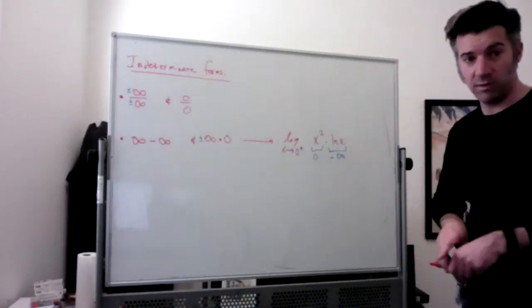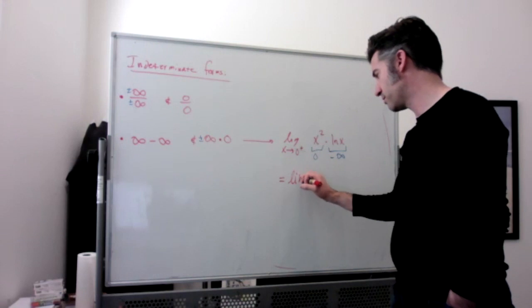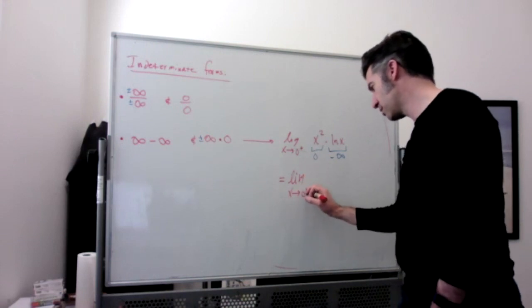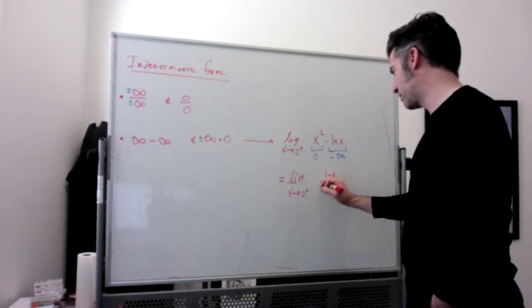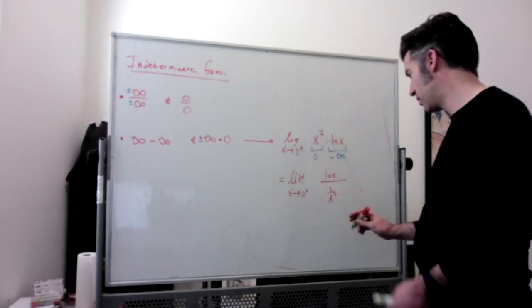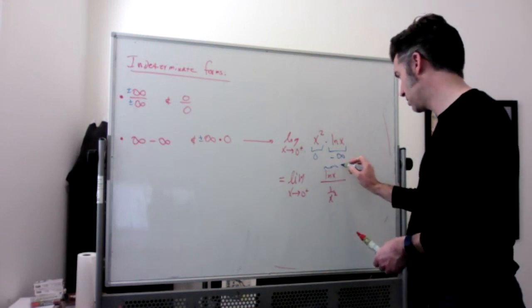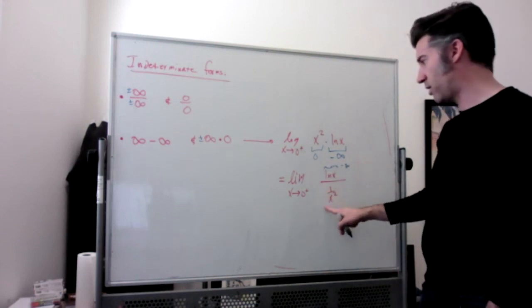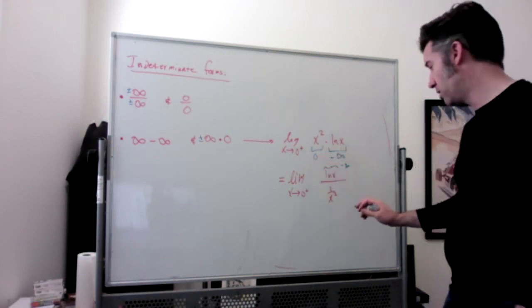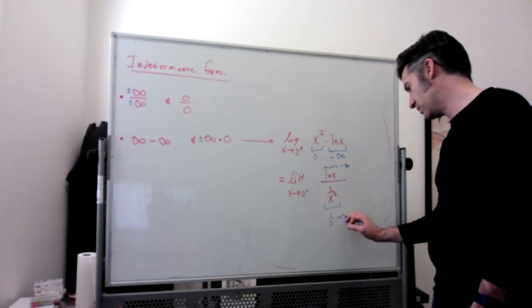So here we have an indeterminate form. And if you rewrite it, look what happens. You get the natural log of x divided by the reciprocal of this, 1 over x squared. The natural log of x is still going to negative infinity. But now 1 over x squared is going to 1 over 0, which is infinity.